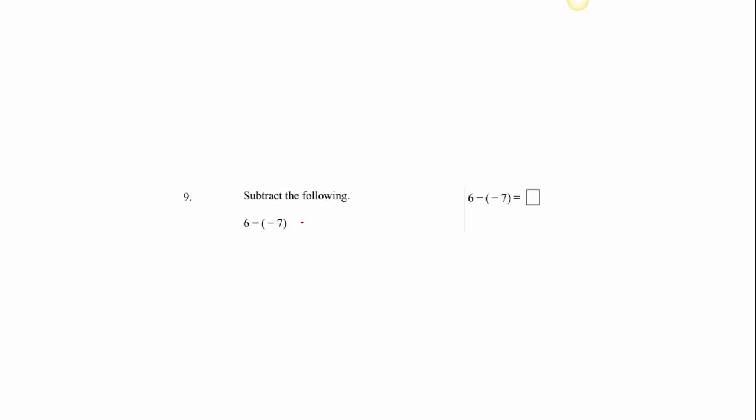Subtract the following. Anytime we have a minus minus, that's going to change the problem to plus 7, and this becomes 13. Final answer is 13. So I always assume the parentheses as a multiplication operation, so I would say minus times minus, and that would give me a plus.